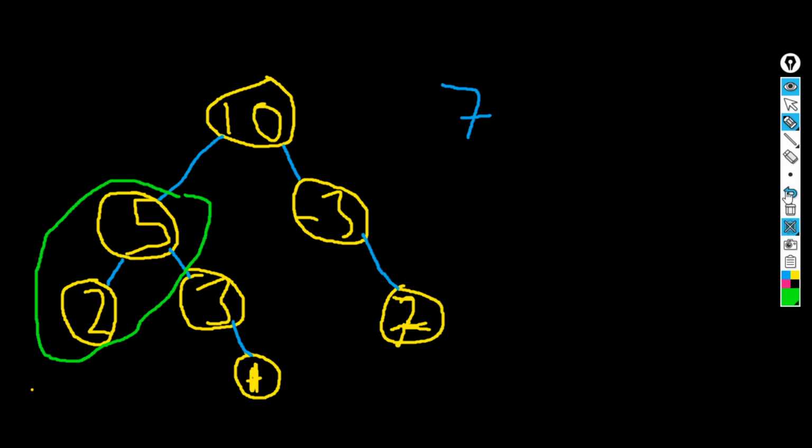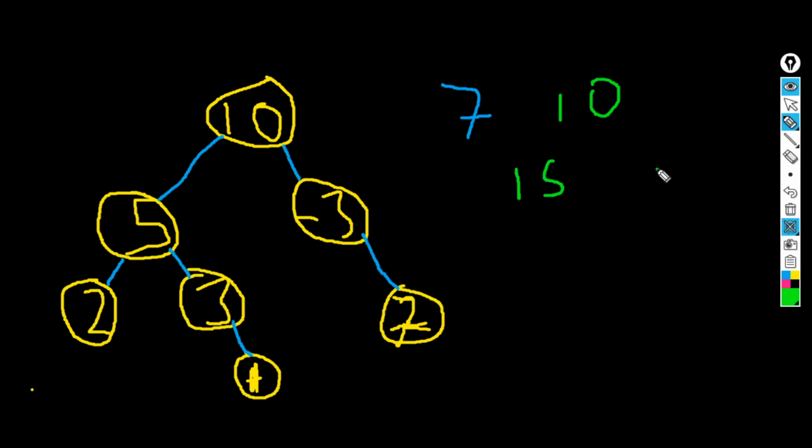Now I have to calculate for every path. First of all, I'll make a tree with the help of that algorithm. So the value here is 7, here it will be 14, here it will be 17, here it will be 18, and here it will be 19.